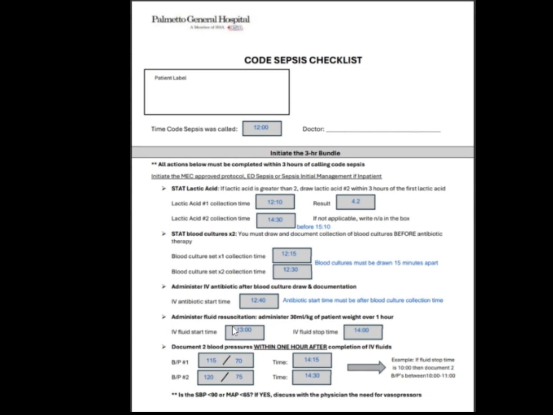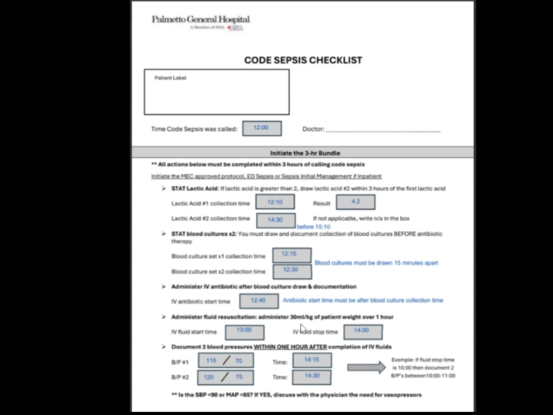Also, you will administer fluid resuscitation, at least 30 mLs per kilogram of the patient weight over 1 hour, unless specified by the physician. The physician may document an exclusion criteria, for instance, a patient with CHF or risk of fluid overload, they may want to give the patient less than the recommended 30 mLs per kilo.